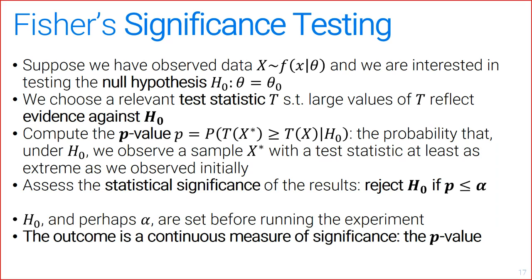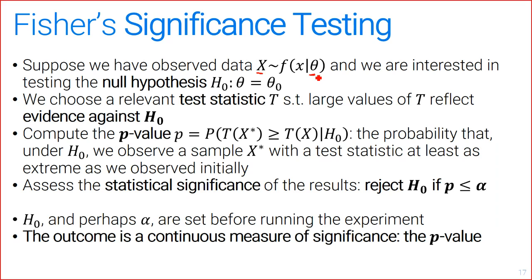So let's suppose we observe some data X, and let's assume that it comes from a certain distribution that we don't know anything about, other than it has a certain parameter theta. So again, in the case of a Gaussian distribution, this could be the mean and the variance. What we want to do is test hypotheses about this parameter.